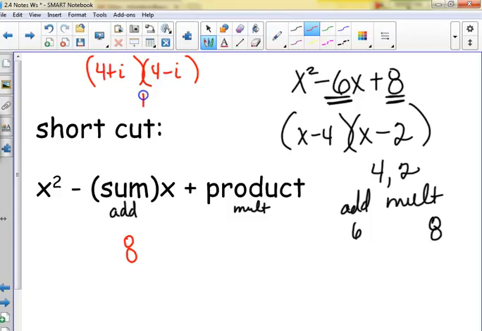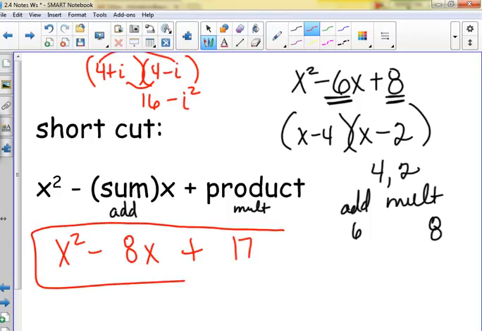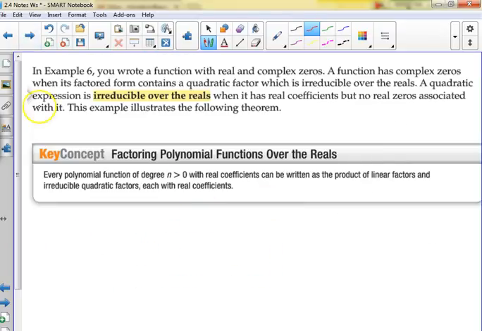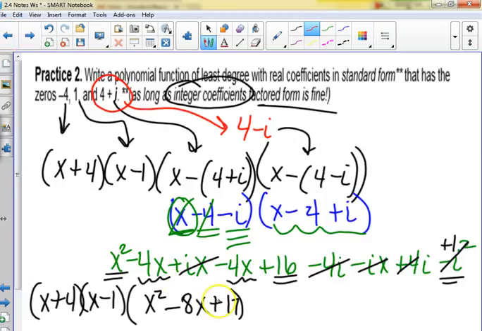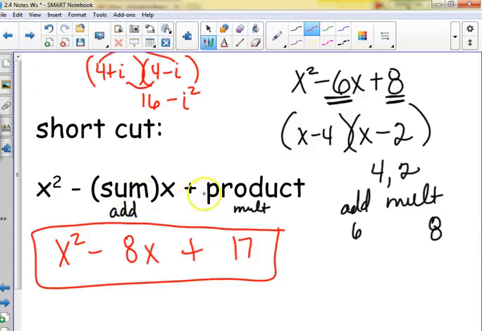We get 4 times 4 is 16, the middle two terms cancel out, and then we have a minus i squared, which becomes plus 1, which is 17. So did we end up with x squared minus 8x plus 17 when we did all that jazz a minute ago? Right here. Okay? So this is the shortcut. It's minus the sum and plus the product if you want to do it.